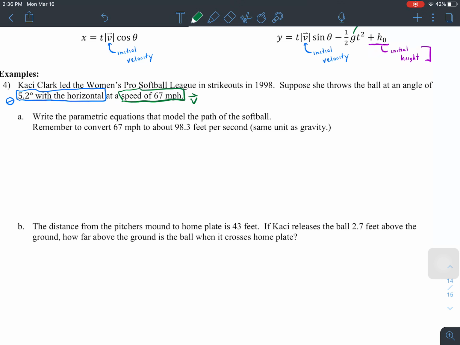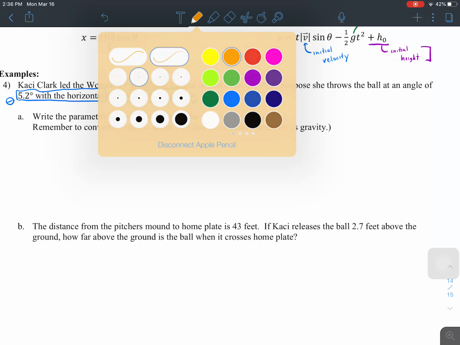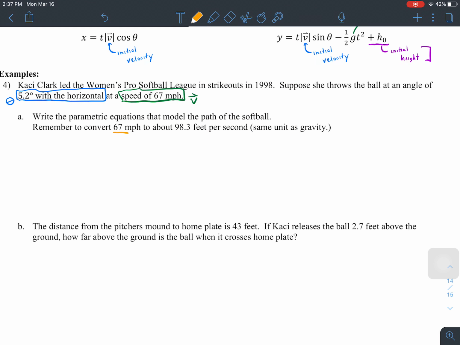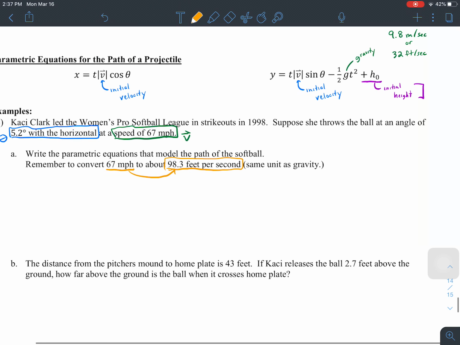Now this problem, just so you are aware, is telling you 67 miles per hour is 98.3 feet per second. We need to make sure we have the same units as gravity.